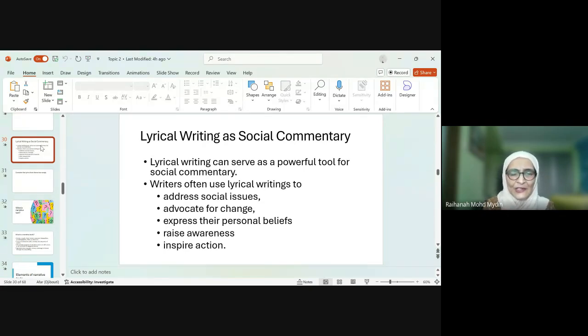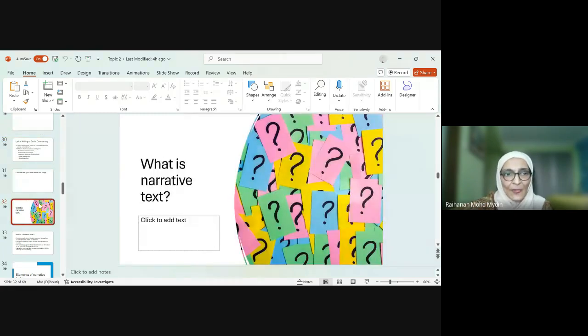They are to change mindsets, maybe values, to raise awareness, or even to inspire action. So lyrical writing is not just for entertainment. It's not just a sparing of our emotions, but it is also to create advocacy in terms of issues.